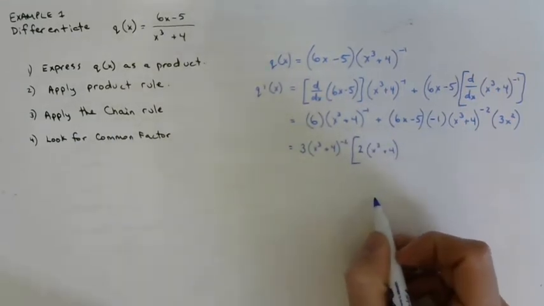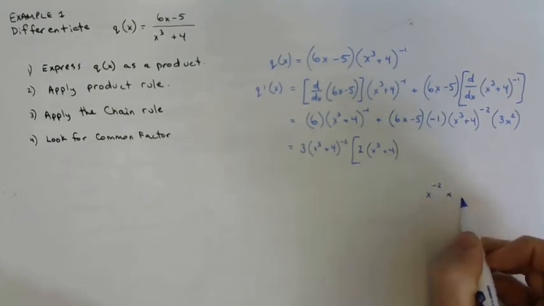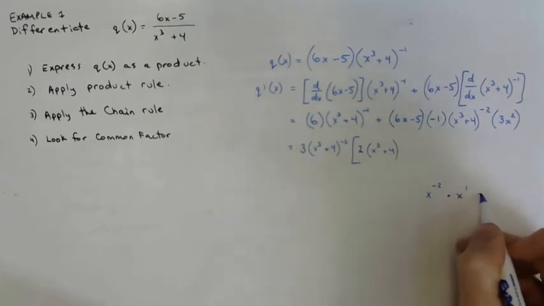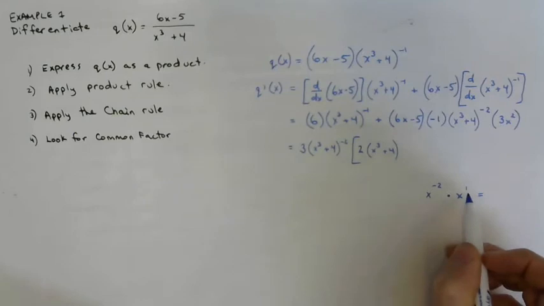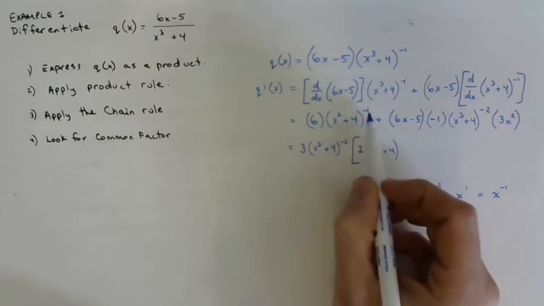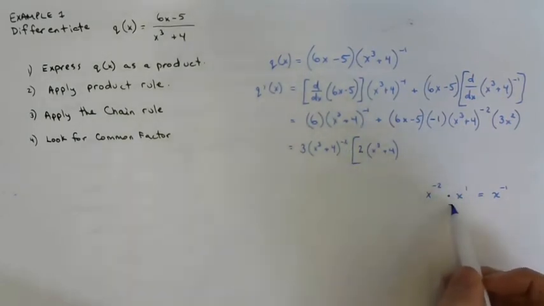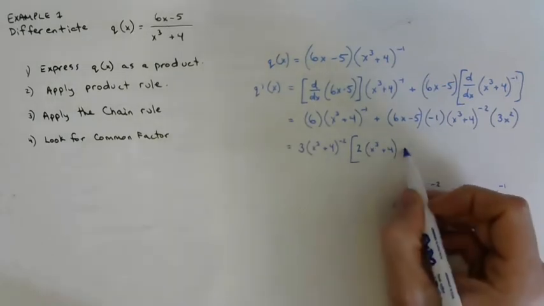So if I can do that just off to the side, x to the power of negative 2 times x to the power of positive 1. In this case, we're multiplying powers with the same base, so we're just adding exponents. So if we need x to the power of negative 1, which is what we're factoring, and we factored out x to the power of negative 2, then this is the term that we need to multiply against to get back to the original. Okay?